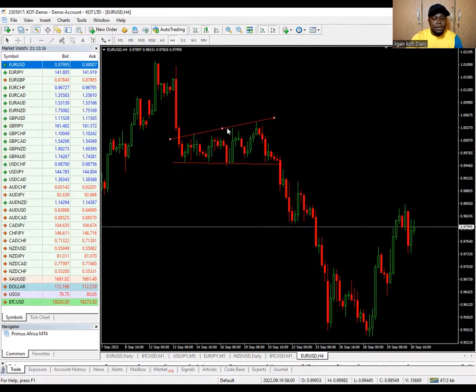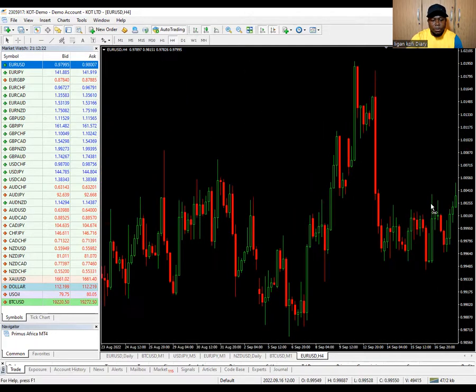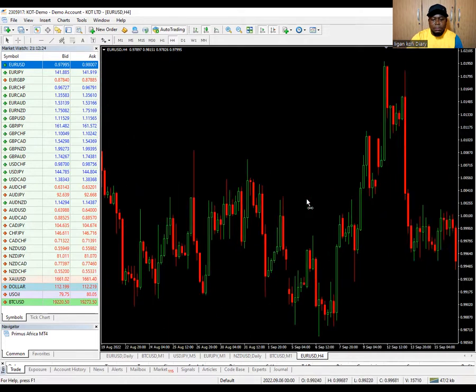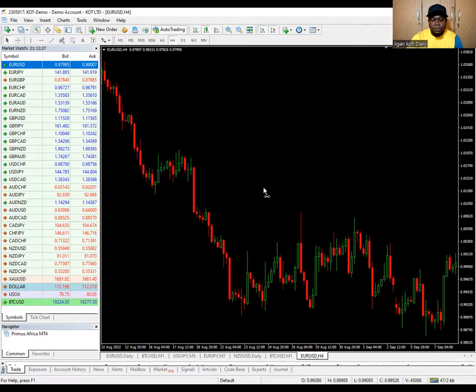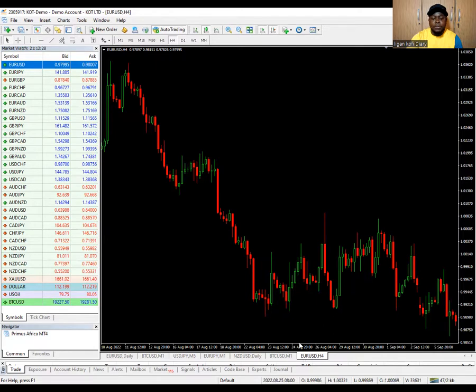Let's see. I wish I could see more. Okay, this one. We can see a triple bottom here. Can you see that? A triple bottom. Now, with this triple bottom, this is 1, this is 2, and this is 3. So whoever wants to take them on the downside here would have made some profits.